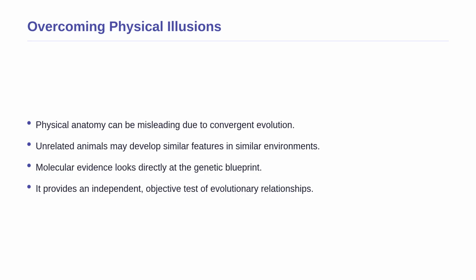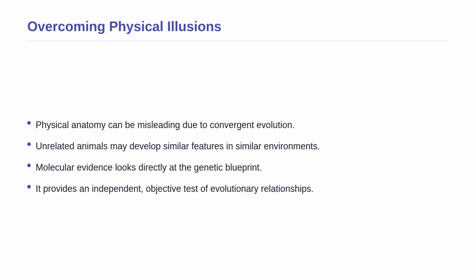Now that we understand what molecular evidence is, why is it so crucial? Sometimes looking at the physical shape of an animal can be highly misleading. This happens because of convergent evolution, where completely unrelated animals develop similar physical features simply because they live in similar environments and face similar survival challenges.